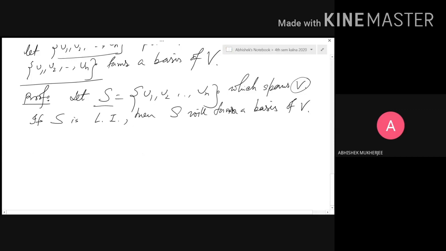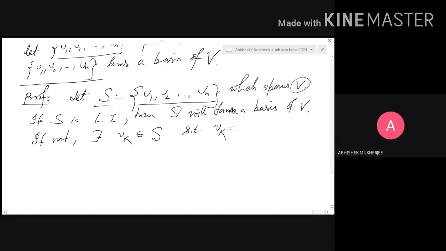But if it is not linearly independent, then you can find a vector Vk belonging to the set S such that Vk is a linear combination of the preceding vectors. This theorem has been proved in my previous lectures. So Vk can be expressed as a linear combination of the vectors that come before Vk.